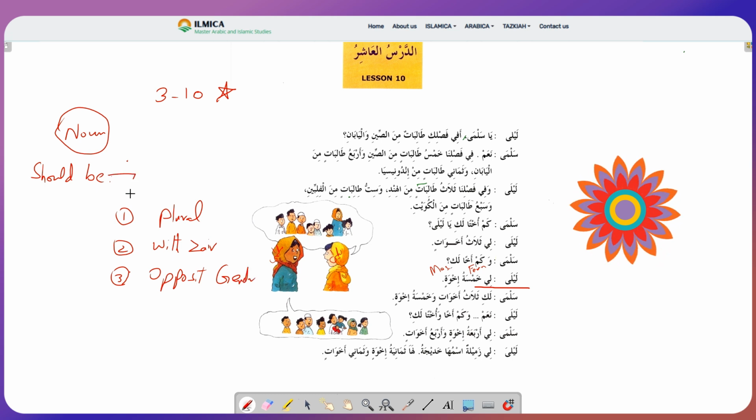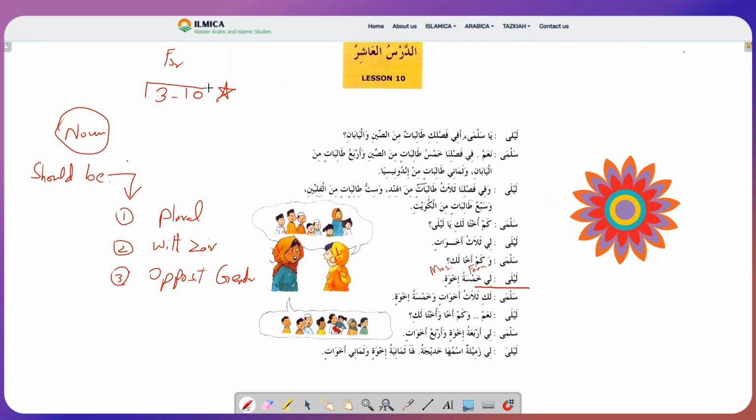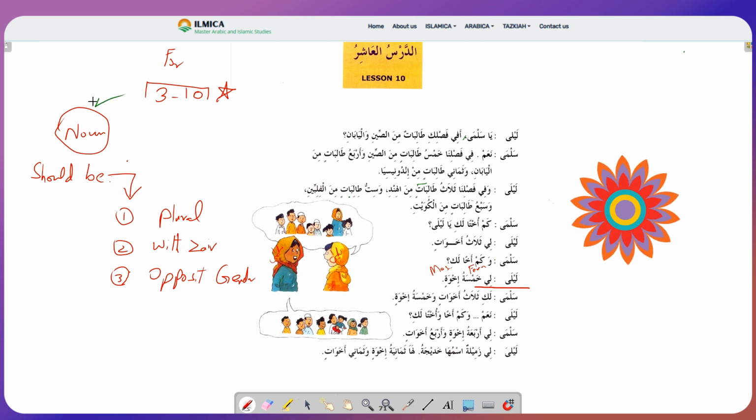See here, for numbers 3 to 10, the noun which comes after the number is called Madood.